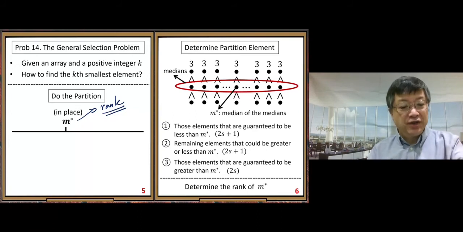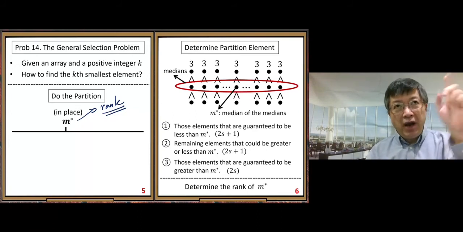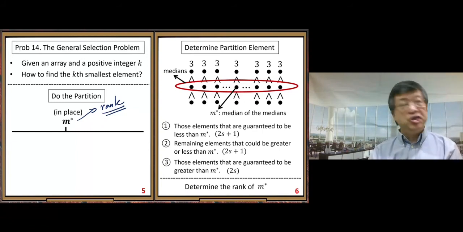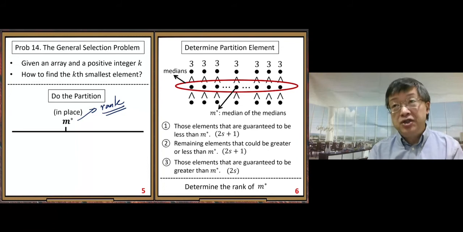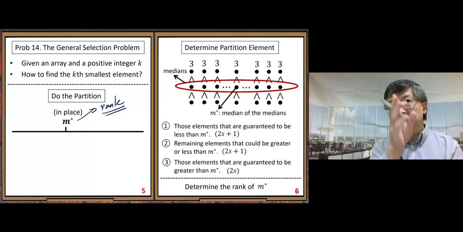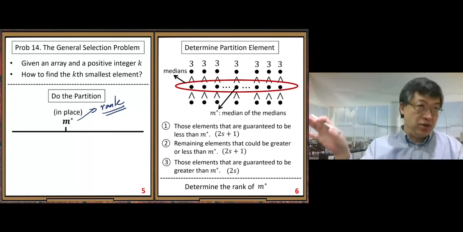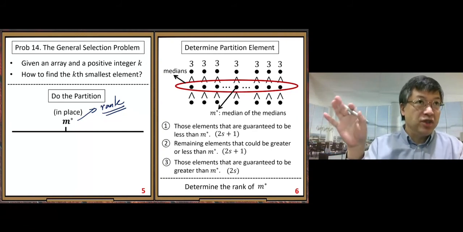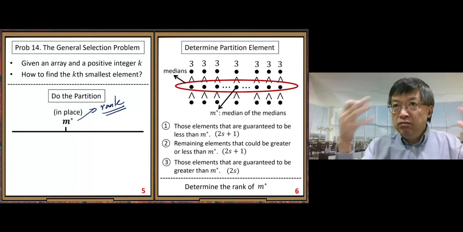So this element is in place for sure. The partition element must be in place. Otherwise, how can you use it as a partition element, right? You have to use some element that is in place to do the partition, for our purpose.